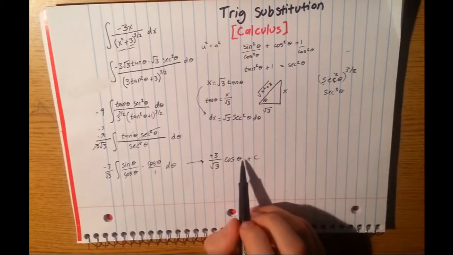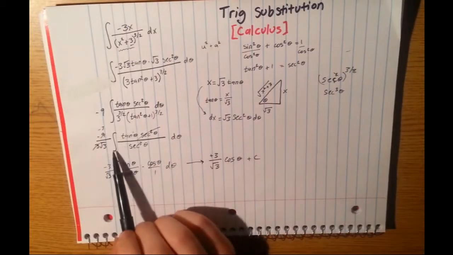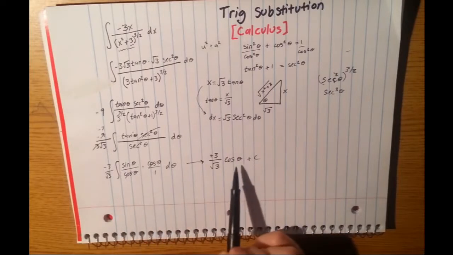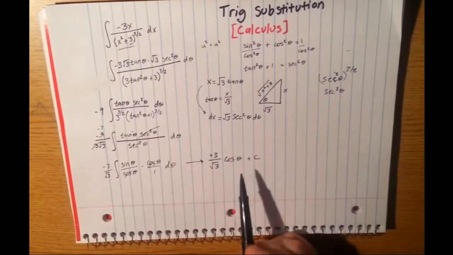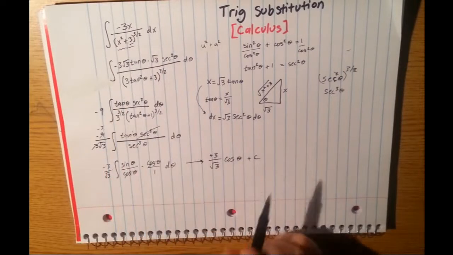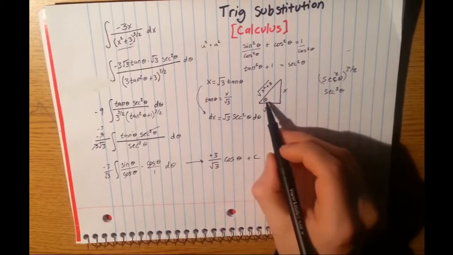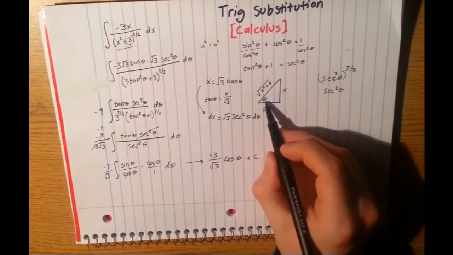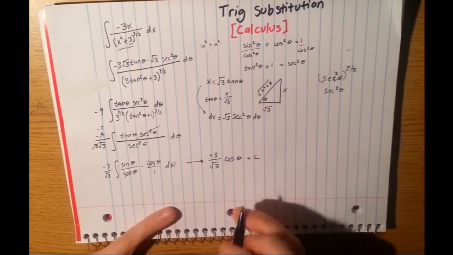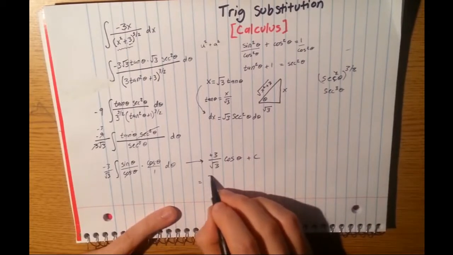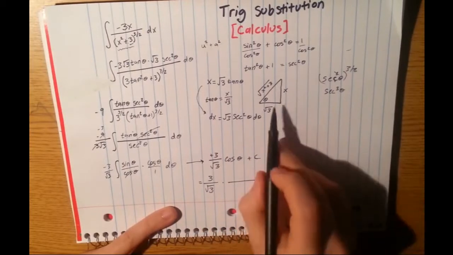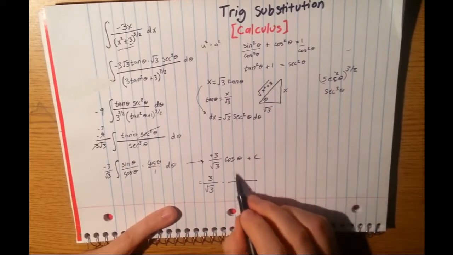Got one thing left though. If you remember your changing limits of integrals, when you do a u sub, this is the same idea. We start with x's, we end with thetas. We don't like that. We want to start with x's, end with x's. So going back to my triangle, I know that my cosine of theta is just my adjacent over my hypotenuse. So that's going to be 3 over root 3 times adjacent over hypotenuse.